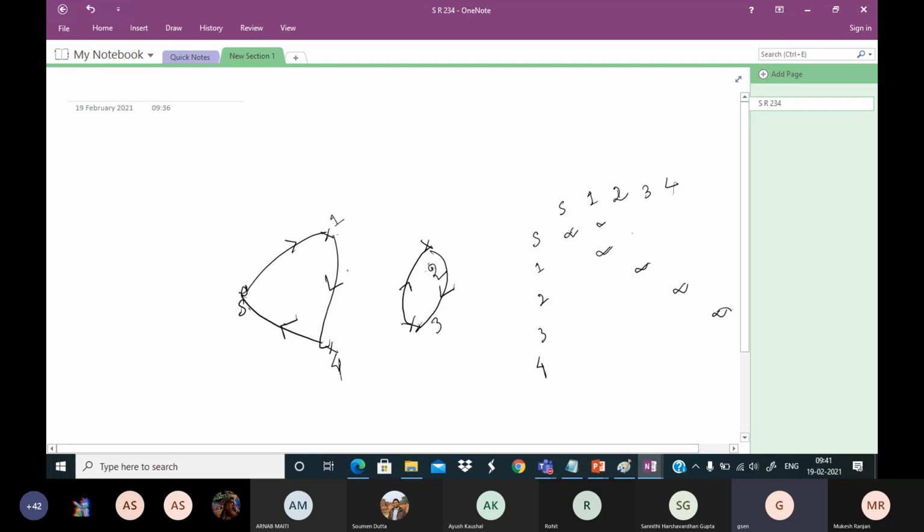Fine. How to force x14 to 0? You simply make d14 a very big number in this matrix. So automatically x14 will be 0, and then you can avoid this subtour, right? So this is how you branch.